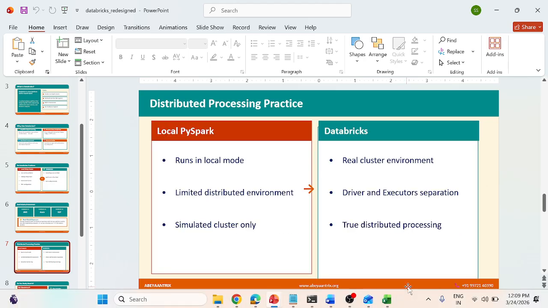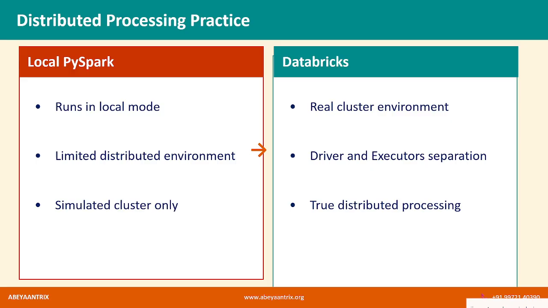Next. When you are running your code in local PySpark, what happens? Your code runs in local mode, and it has a very limited distributed environment. For example, you don't have any other system, you have only one laptop, and you want to do distributed processing. If your laptop has 8 CPU cores, you can do the processing in those 8 CPU cores.